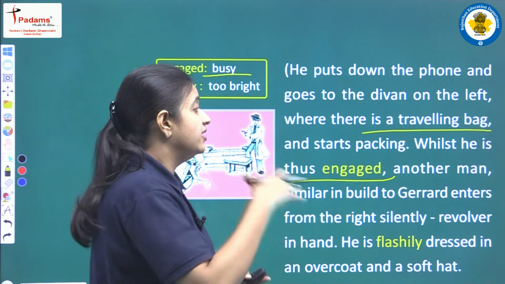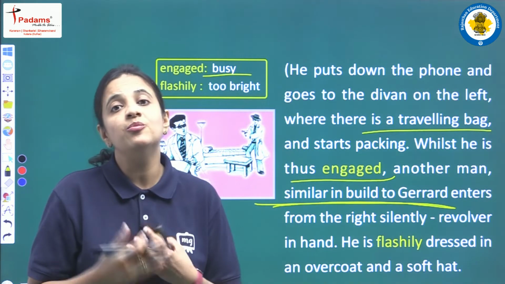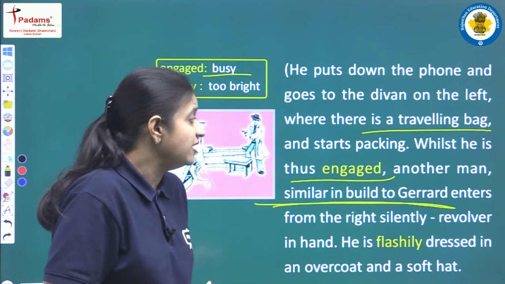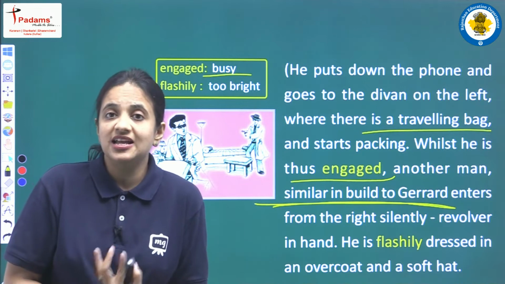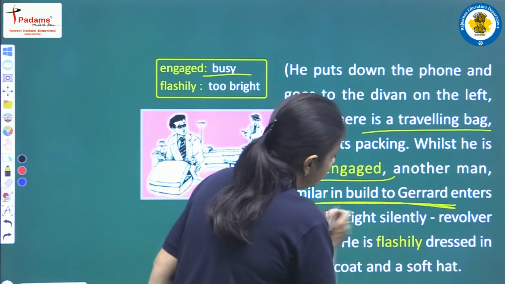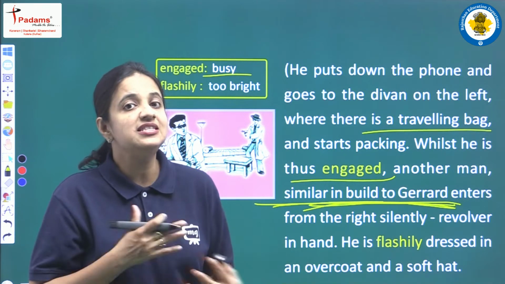At that time another man similar in build to Gerald. So now we can see one more man is there on the stage and that man is very much similar in build to Gerald. What does it mean? He has the same physical appearance as Gerald. So Gerald's height and physical build, that person also has a similar build.